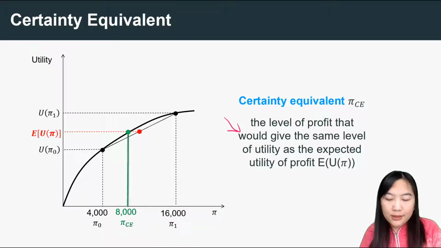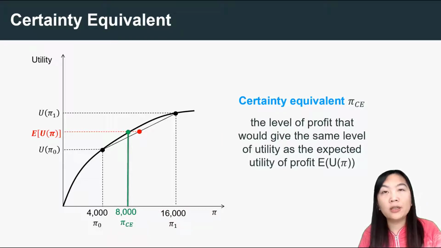Step 1, you find the utility under different outcomes. In our example, it's good weather and bad weather. You find the two utilities there and calculate the expected utility. Because the probability of good weather and bad weather happening is the same, you just draw a segment between those two utilities and find the midpoint.